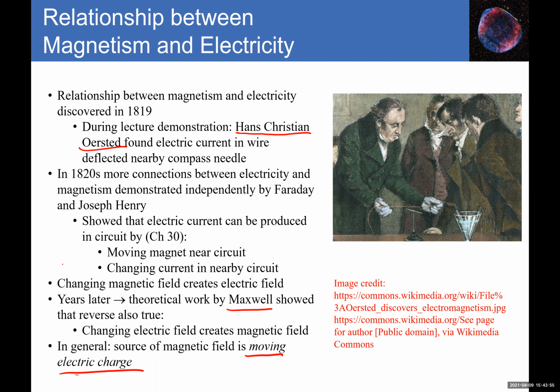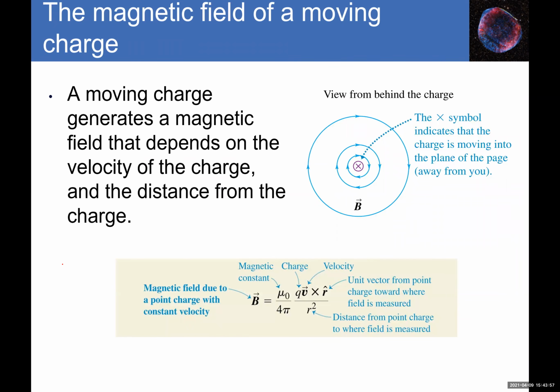All right, so let's take baby steps though. Right now, we'll be looking at a single moving charge. What we have here is, you can think of it as a charge going into the page.